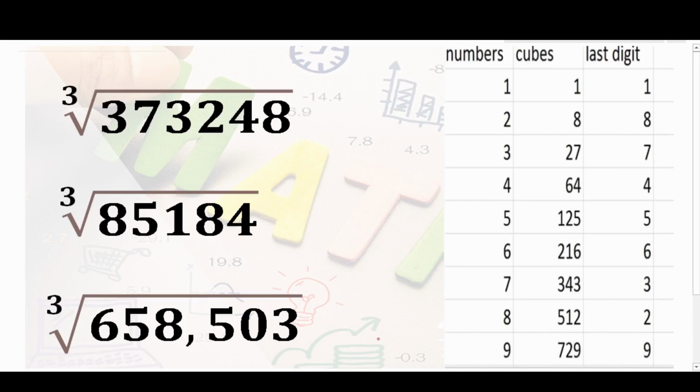Let's solve a few more problems. Find the cube root of 3,73,248. So first step, concentrating on the units place. If you have 8, what should be in its units place? It should be 2. Step number 2, leave the last 3 digits of the number. So I have 373.